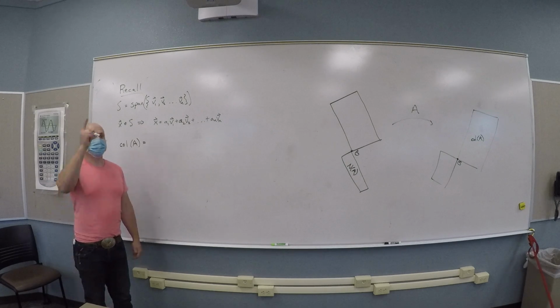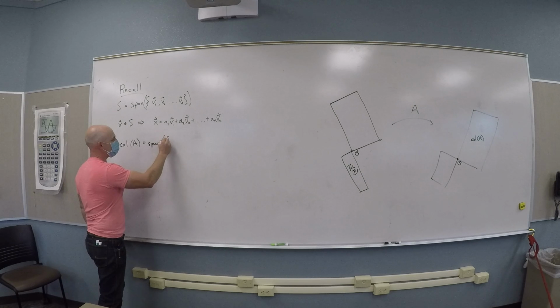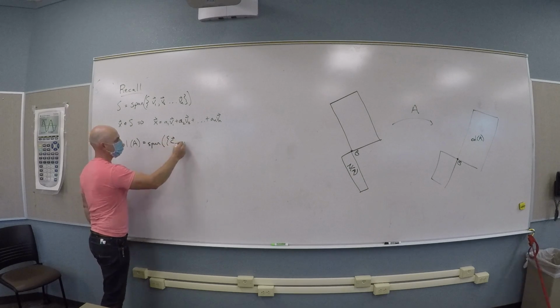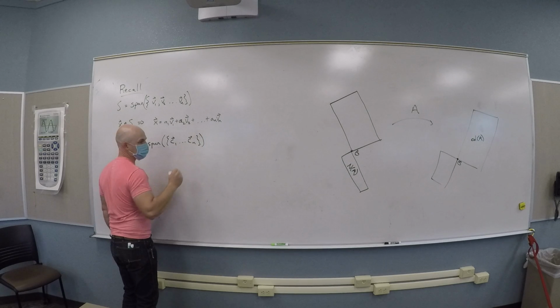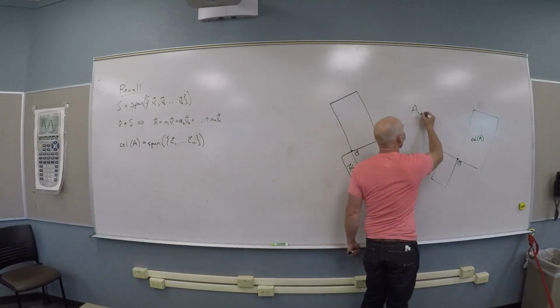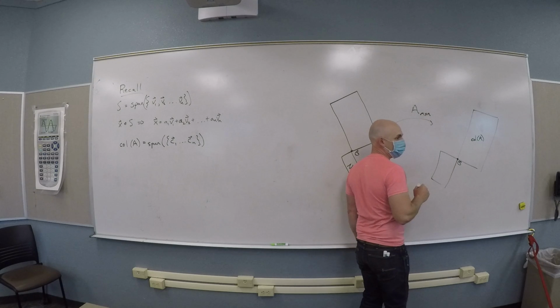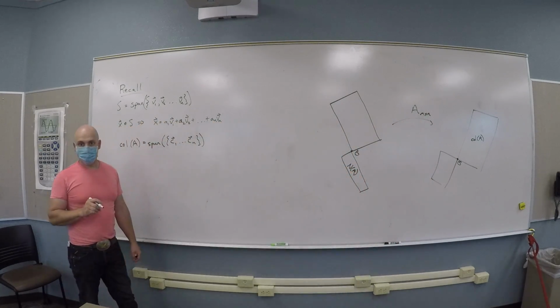The span of all of A's columns. Perfect. It's the span of the set of the columns of A. So I'm saying that A has n columns, and I'm going to take a convention and say that A is an m by n matrix. You guys all on board with this?